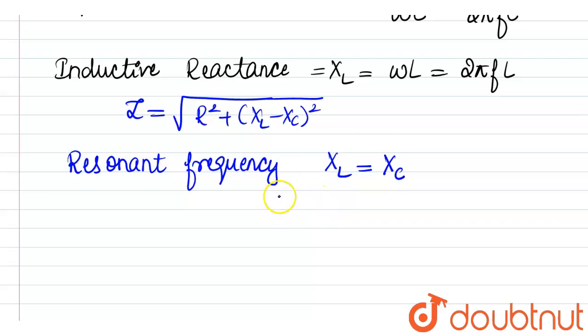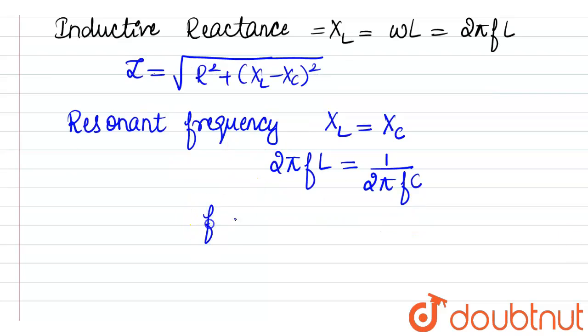We know XL is 2 pi FL, and XC is equal to 1 by 2 pi FC. So we need frequency, let's cross multiply it to the other side, F square. Since it is resonant, let's call it FR. FR square will now be equal to 1 by 4 pi square LC.